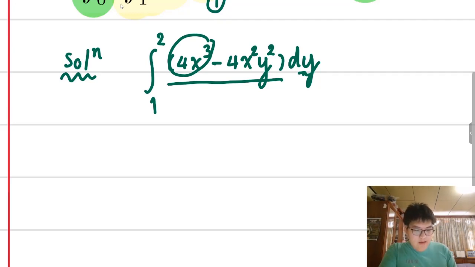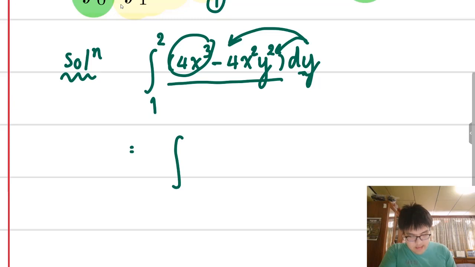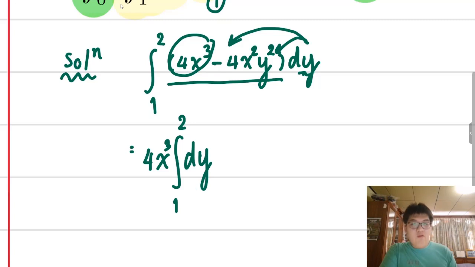When you multiply dy in both sides here, you will get the integral from 1 to 2, and this one is 4x cubed, multiplied by dy. You keep dy here, and then you look at this minus 4x squared. This is a constant, because we integrate with respect to y.